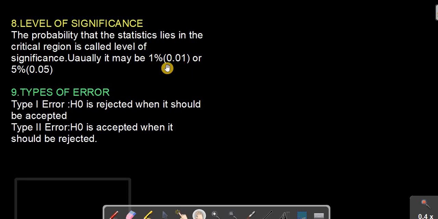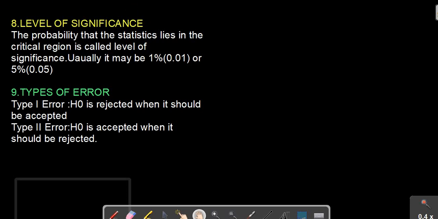That is, 1% level of significance or 5% level of significance. So there are 5% level of significance or 1% level of significance. That's what we have, only two levels. That's what we have to understand.